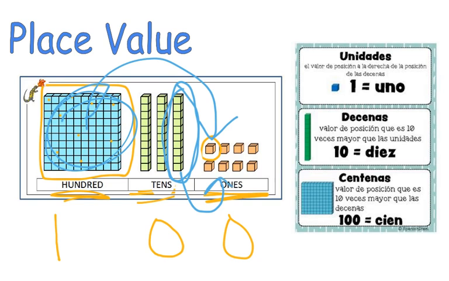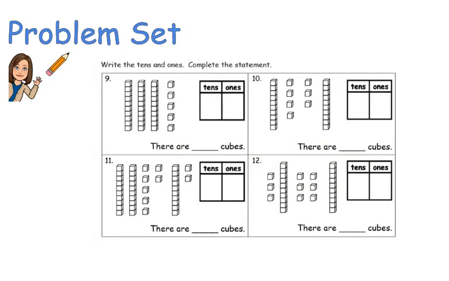So that is something I wanted to show you because on our next paper, they use these to show us. Okay, do you see here how they have the sticks of 10 and then they have the ones by themselves, just blocks by themselves? Okay.